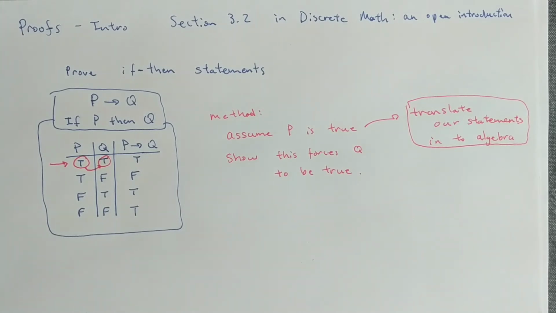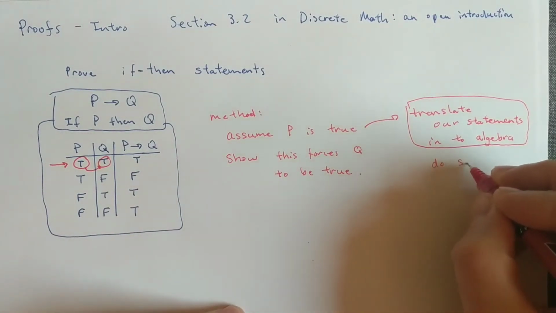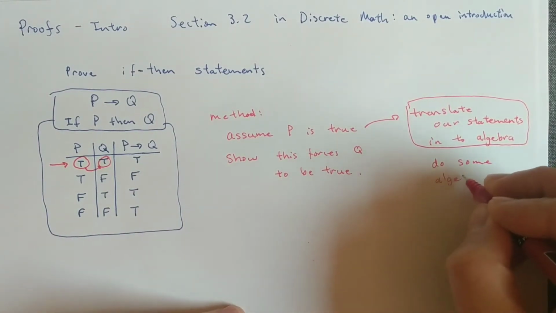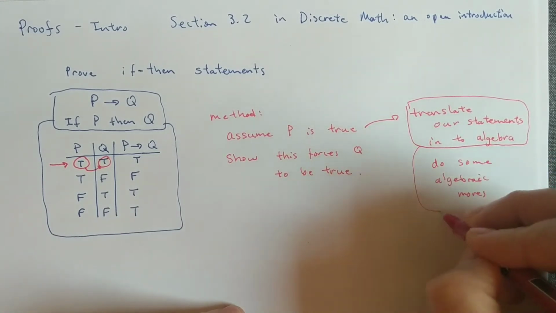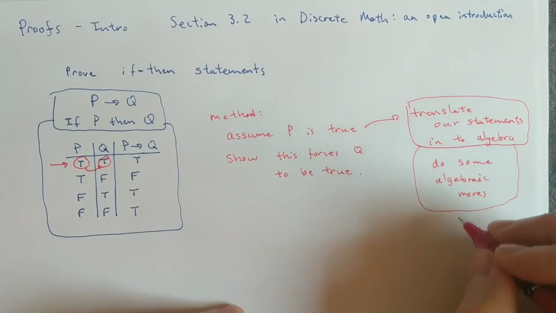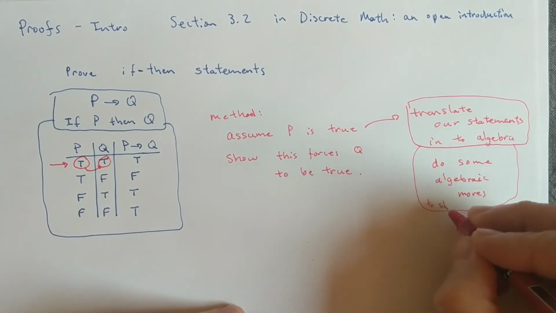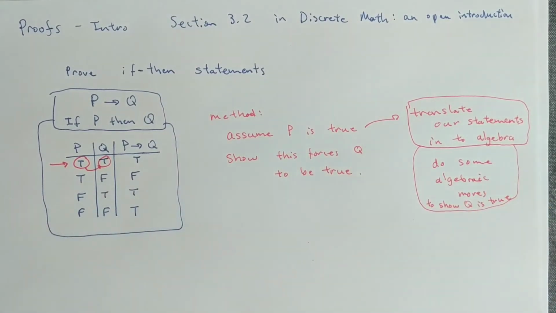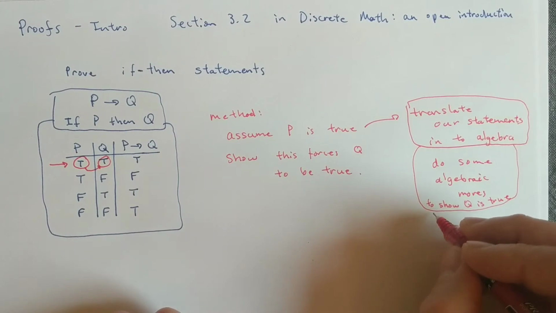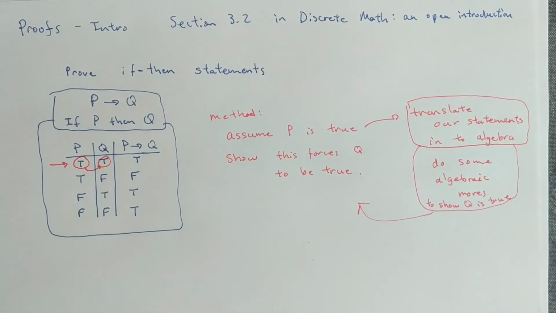And so we're going to translate everything into algebra. Once we make a statement about P being true, we'll translate that P statement into algebra, do some algebraic moves. And these moves should show Q is true. And then translate it back to English and just make the statement that Q must be true.